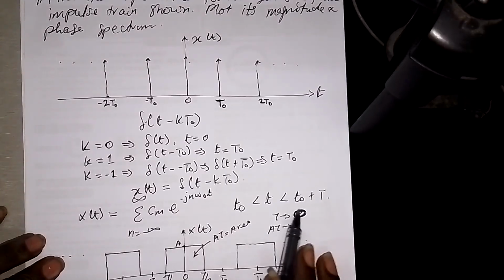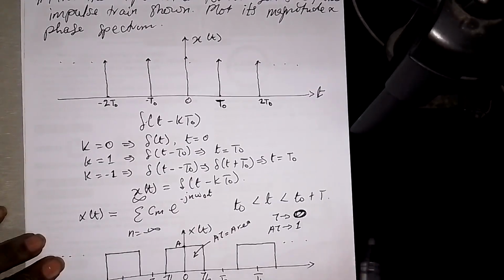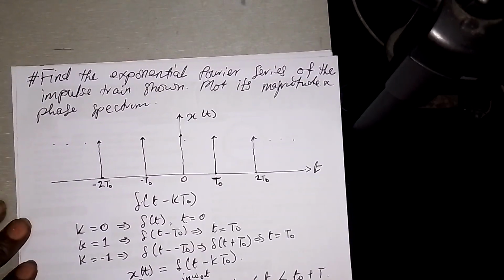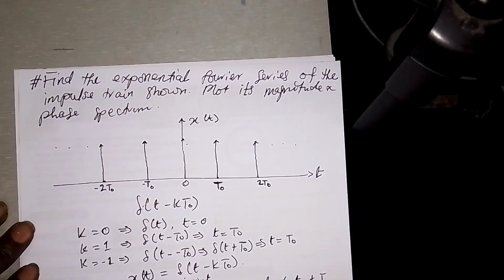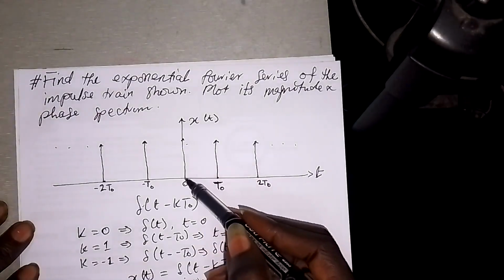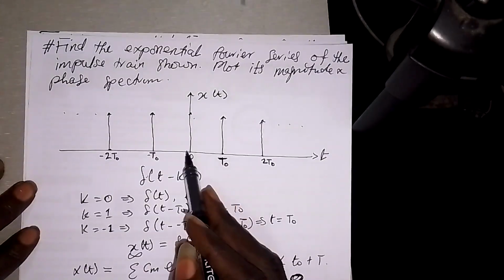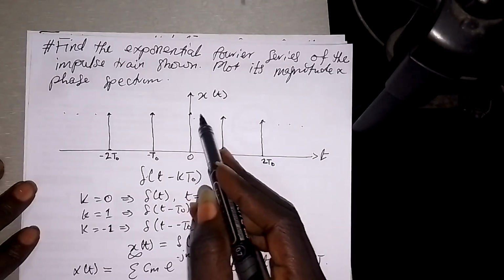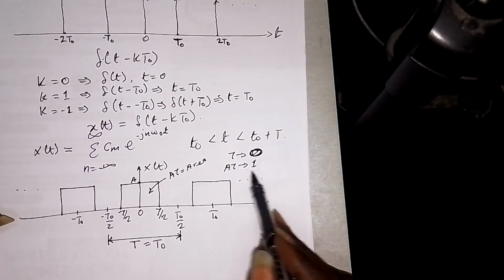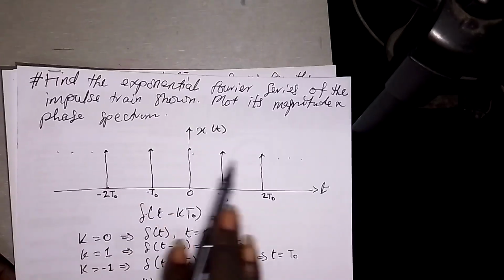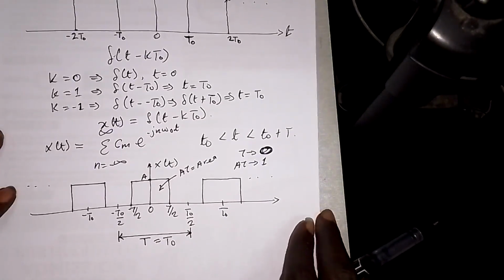Approaching 0 means it is not actually 0, but becoming like 0. That means the breadth here is becoming very small, like this line, and I will be left with only the height. So that is when these big pulses become like this one. That is the assumption made. Now we shall proceed from this one.